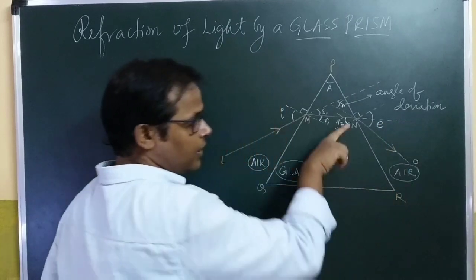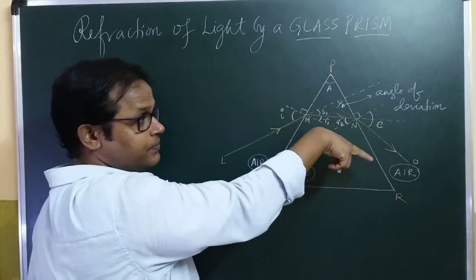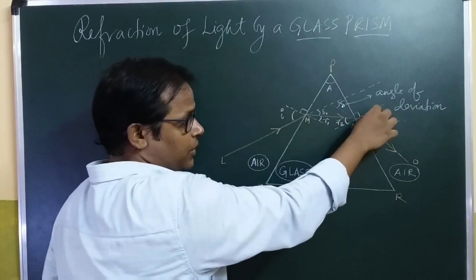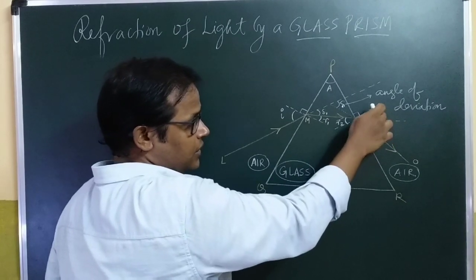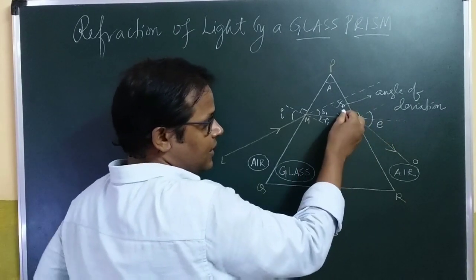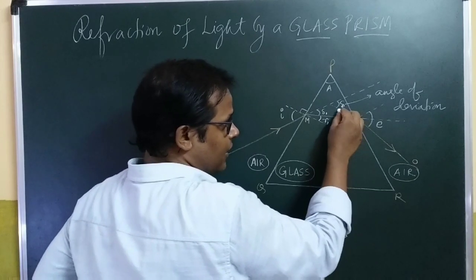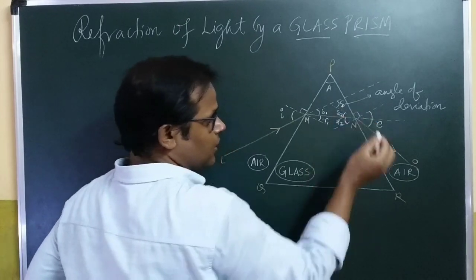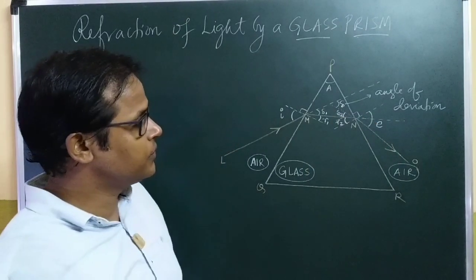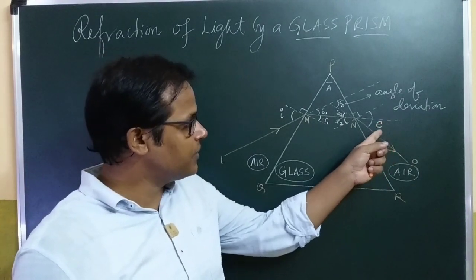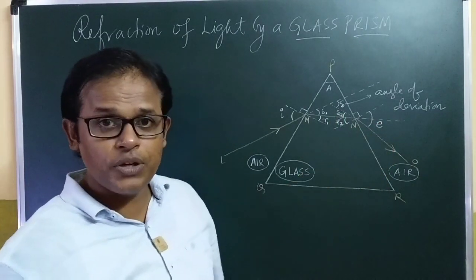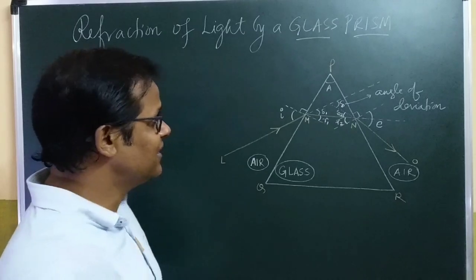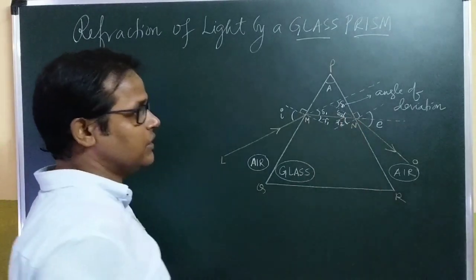It doesn't go that way, but actually bends out. So this has to be your angle of deviation, delta 2. Sorry, this angle or this angle, that has to be delta 2. Alright. So that's your angle of deviation. Is that clear on the board?